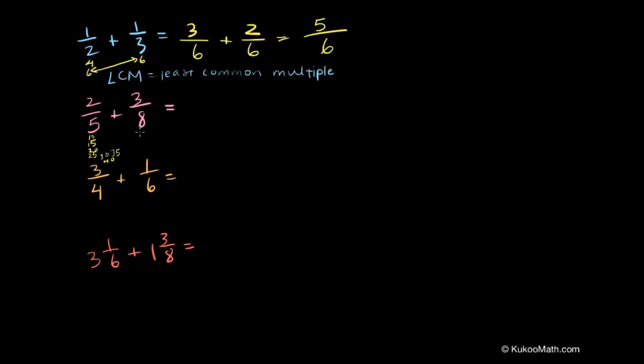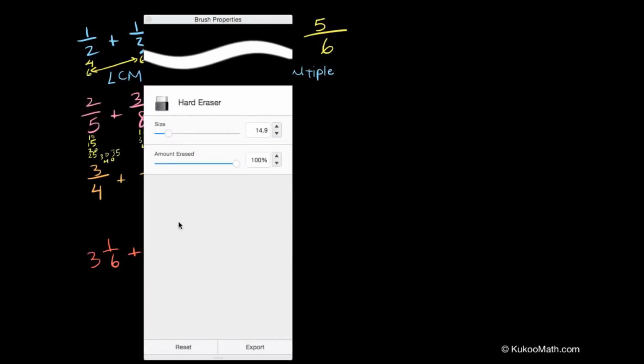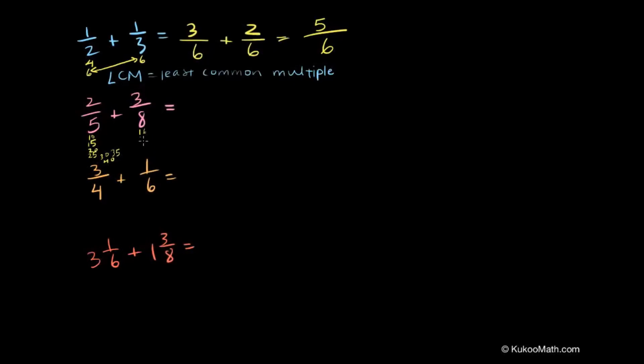Now for 8, it's 8, 16, 32, or sorry, that's not right. 8, 16, 24, 32, and then 40. So 40 is the first one that they have in common.